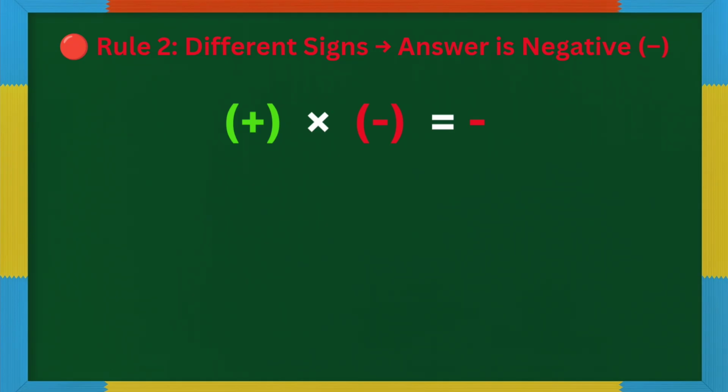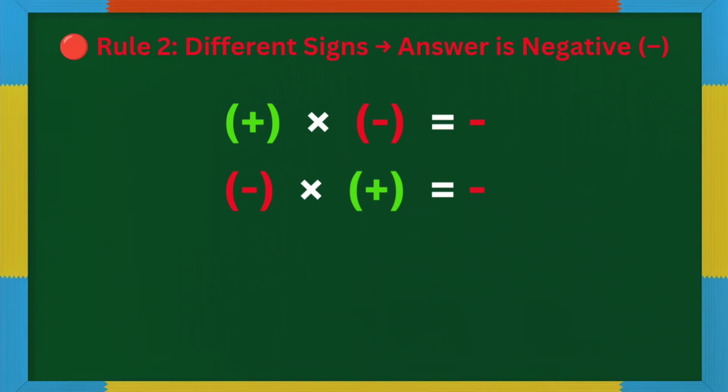We can say that plus into minus is equal to minus. The second one is when you multiply a negative number with a positive number, the answer is also always negative. We can say that minus into plus is equal to minus.